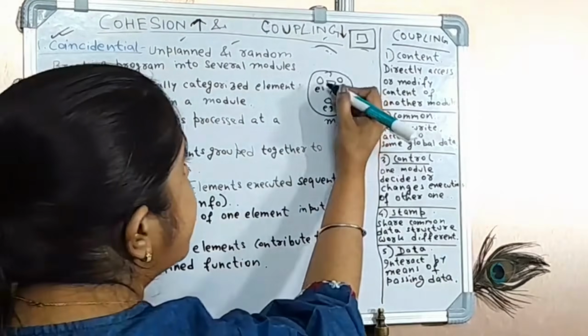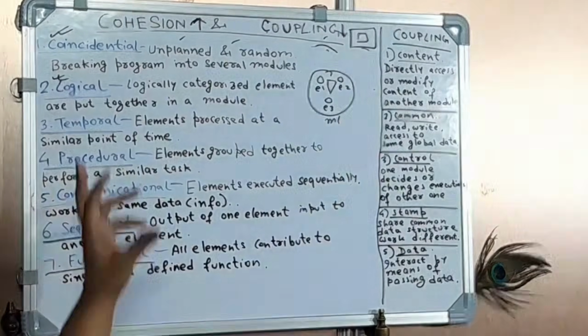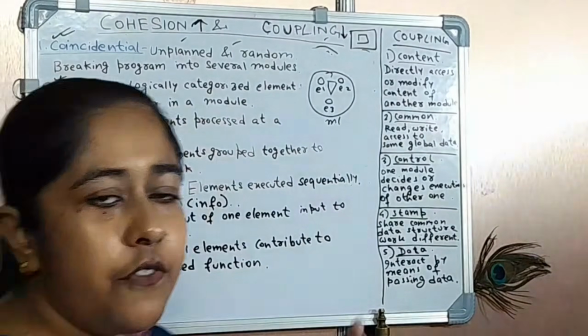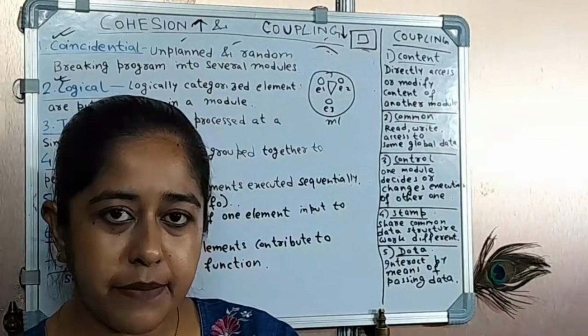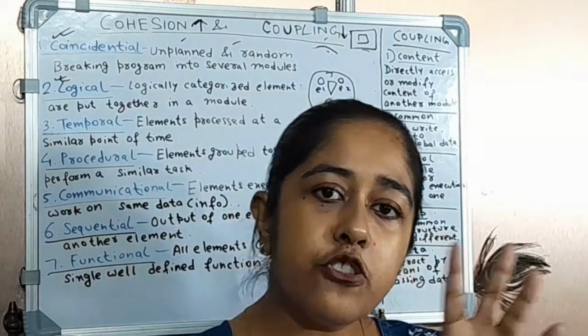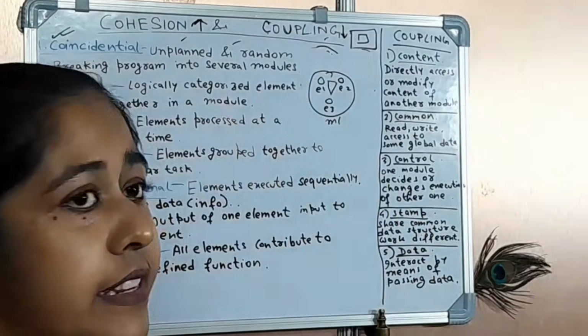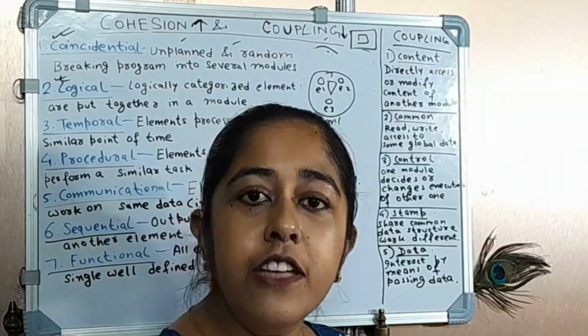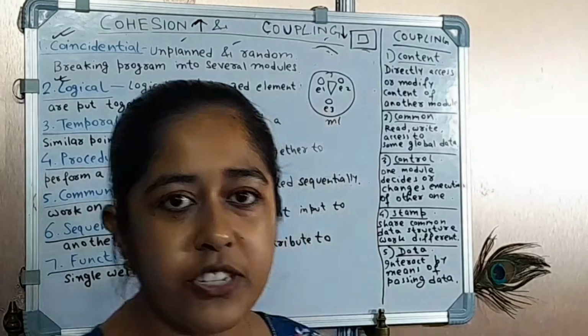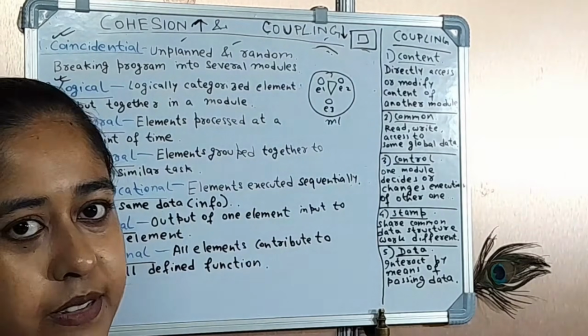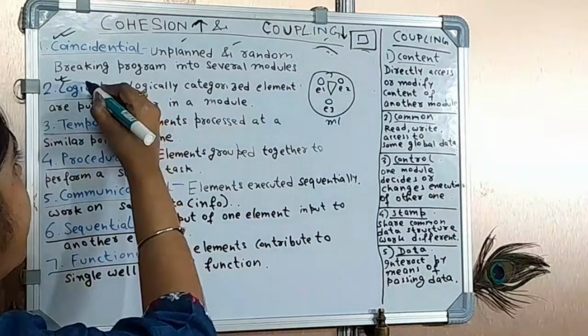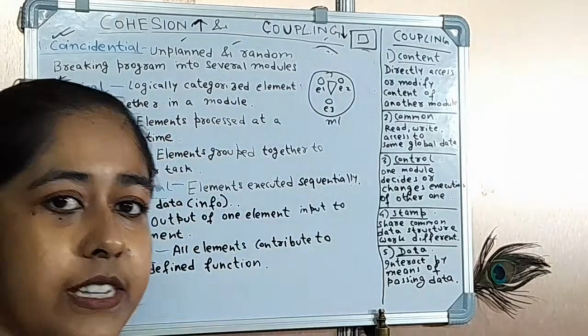When we are categorizing the elements logically, they should be the same. In that case, they are put together in a module. This kind of cohesion is known as logical cohesion. This is our second kind of cohesion.